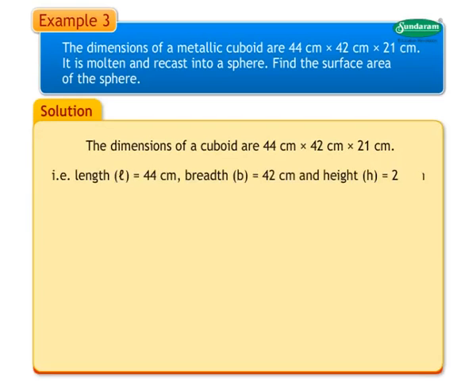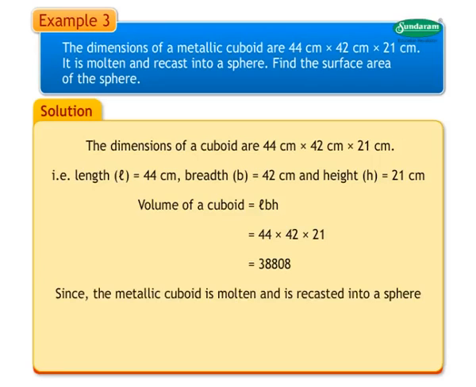That is, length is equal to 44 centimeters, breadth is equal to 42 centimeters, and height h is equal to 21 centimeters. Volume of the cuboid is equal to L into B into H is equal to 44 into 42 into 21 is equal to 38,808. Since the metallic cuboid is molten and recast into a sphere, volume of the metallic cuboid is equal to volume of the sphere.